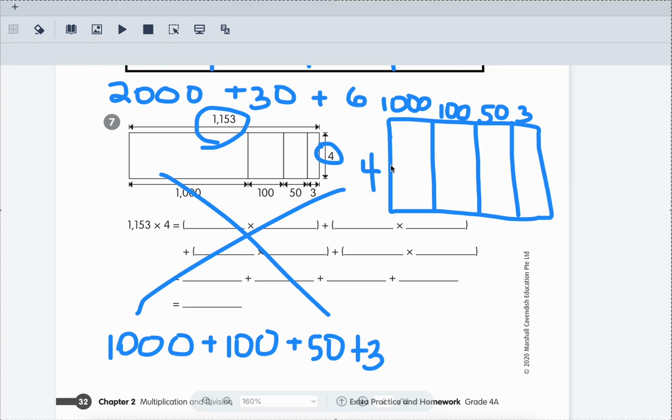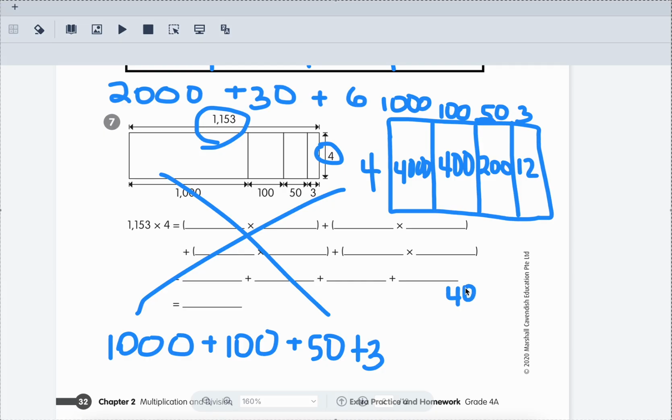So 4 times 1,000 is 4,000. 4 times 100 is 400. 4 times 50 is 4 times 5, which is 20, times 10, which is 200. And 4 times 3 is what? 12. Okay, your box should look like my box. Now we're going to add those numbers up that are in there. So we have 4,000.